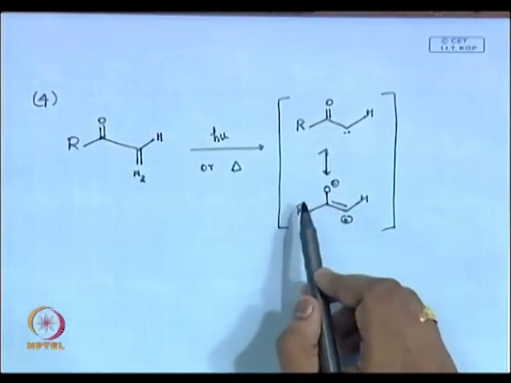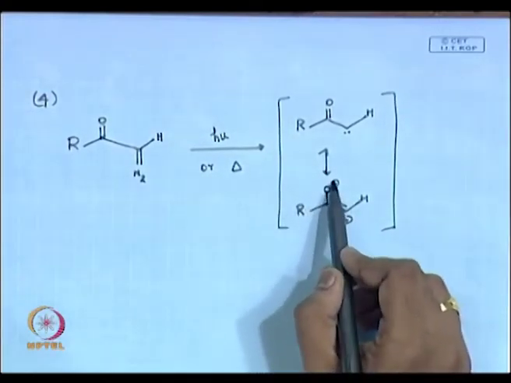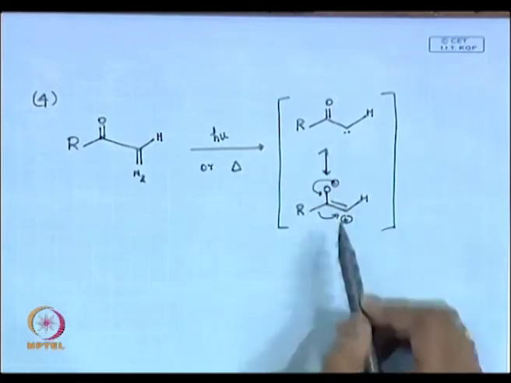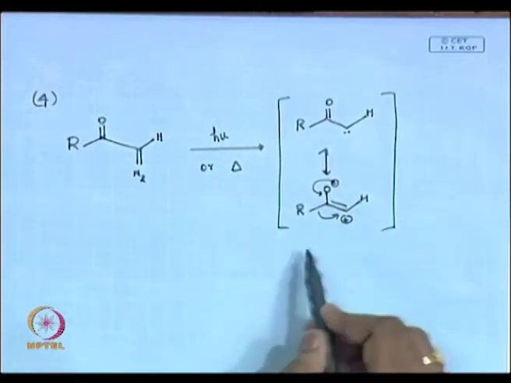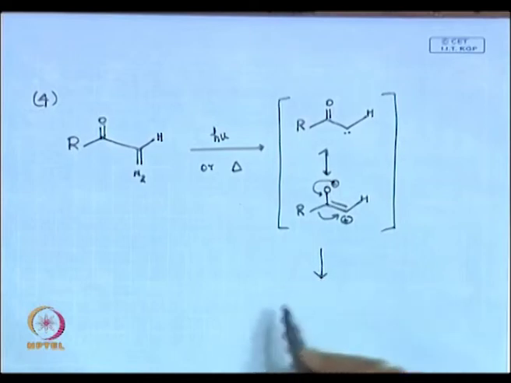Now it's a type of rearrangement which you have studied. You can have a rearrangement here, so you can then think about getting your ketene.